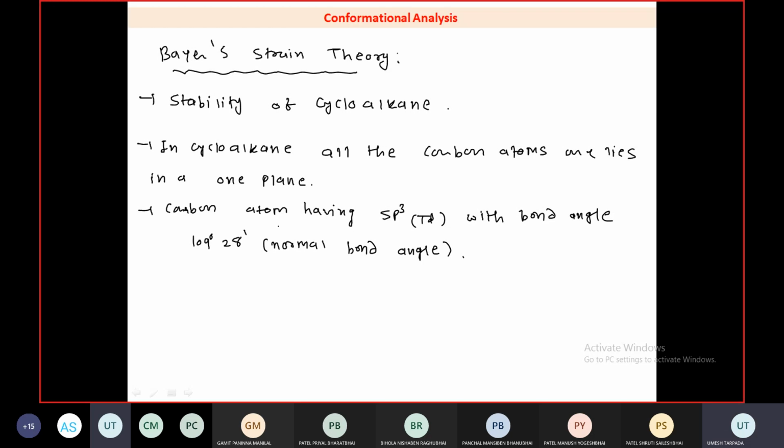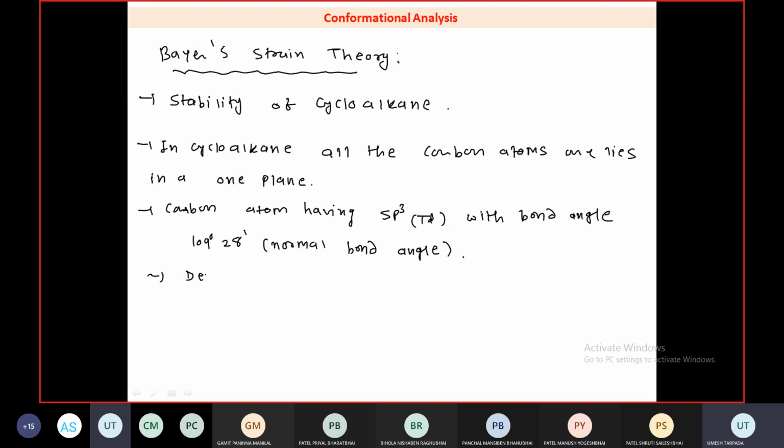Now what happens? When you make any change to the shape, the normal bond angle gets deviated.